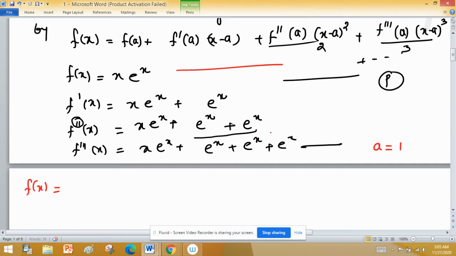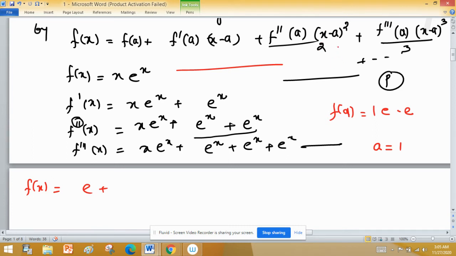So f(1) equal to 1 times e, it means e, plus, or directly you can find it like this, or actually we have to find the coefficient of (x minus 1).